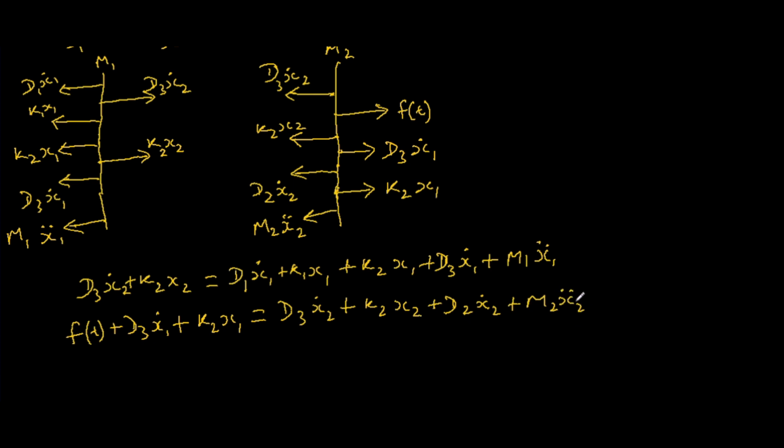Okay, so we have the second equation over here. Again, if you want, you could have the f of t on one side and everything else on the right hand side. So how do we go about solving this?